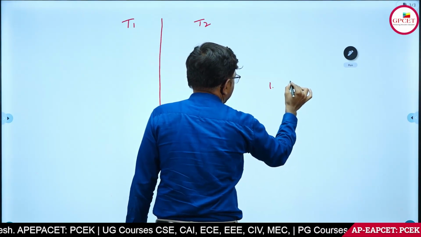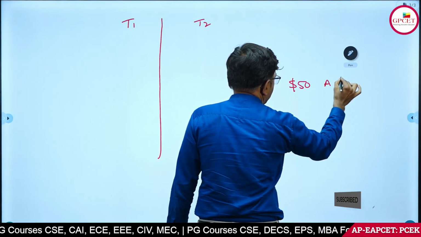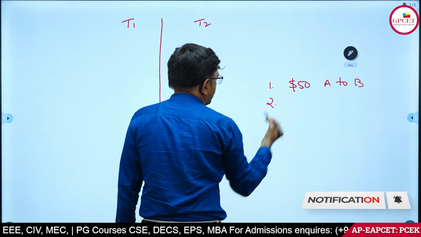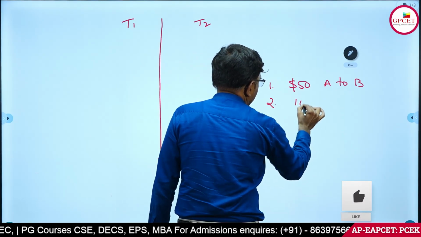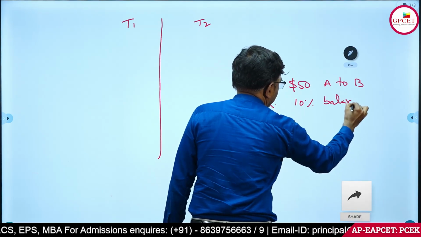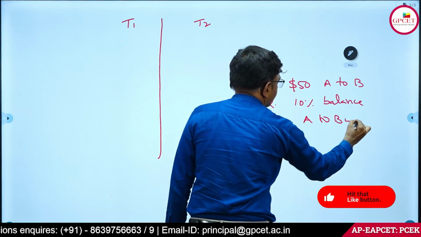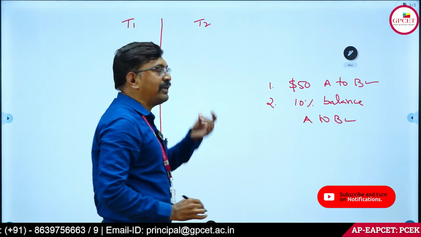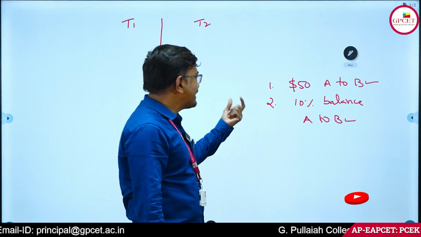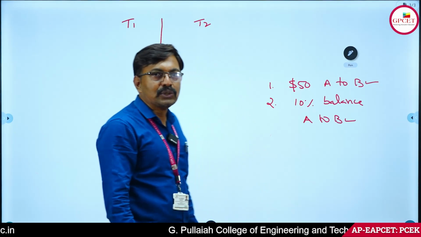Transaction T1 transfers $50 from account A to account B, whereas transaction T2 transfers 10% of the balance from account A to account B.